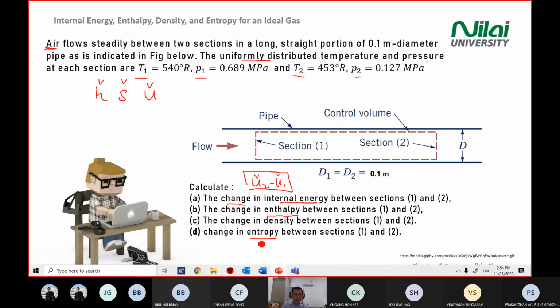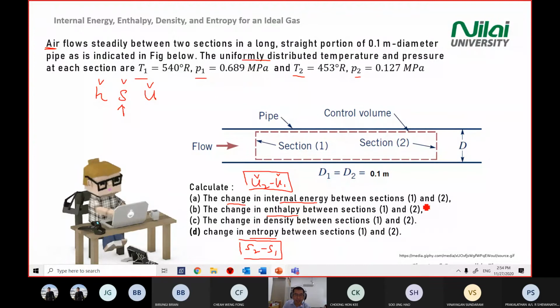S. Okay, S, correct. I asked about entropy, so the last one is S2 minus S1. We have already seen there's a formula for S2 minus S1.